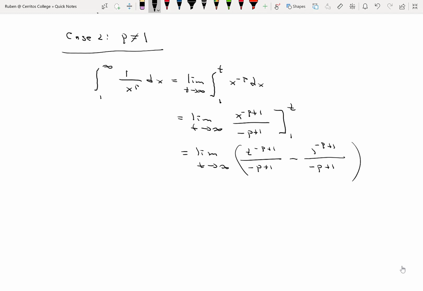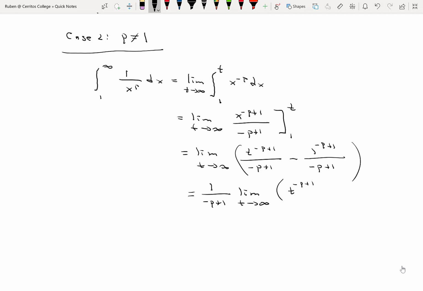Notice that negative p plus 1 occurs in the denominator of both terms, so I'm going to factor out 1 over negative p plus 1. This then becomes times the limit as t approaches infinity of t to the negative p plus 1.